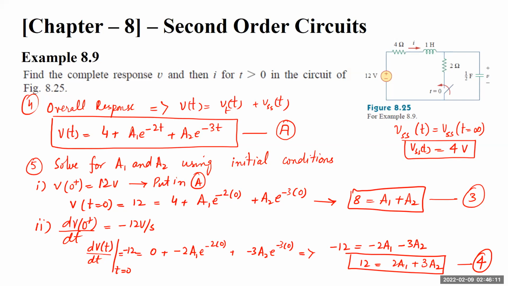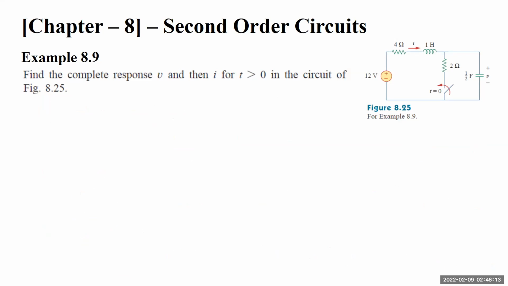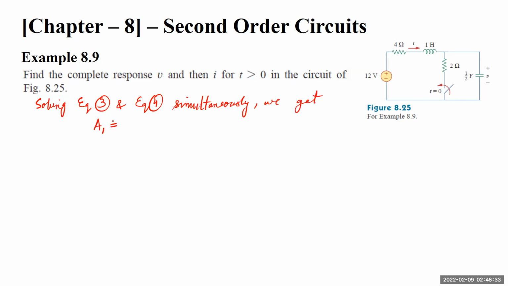Solving equations 3 and 4 simultaneously, we get a1 equals 12 and a2 equals minus 4.